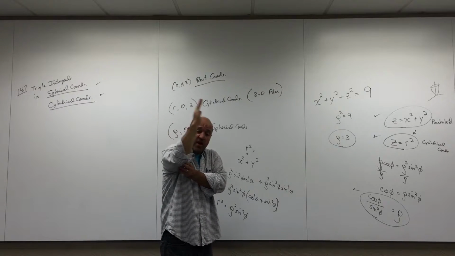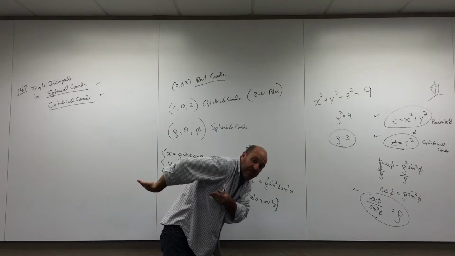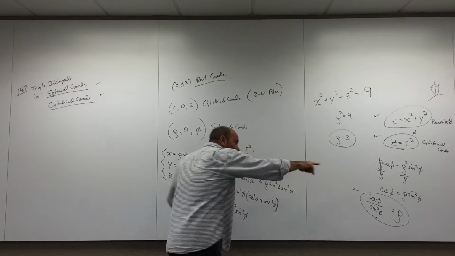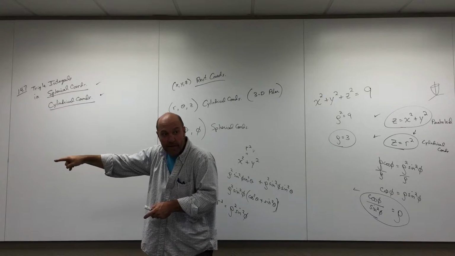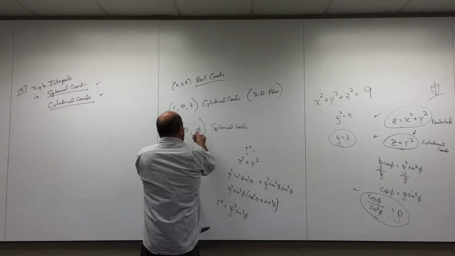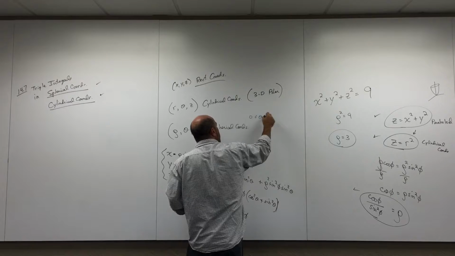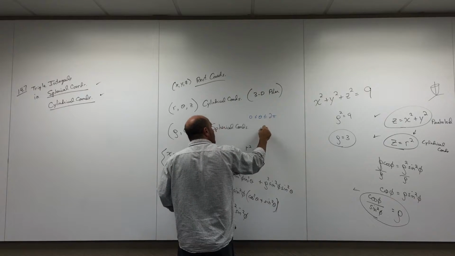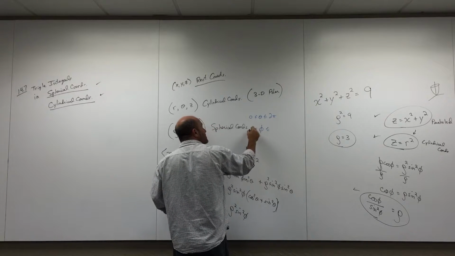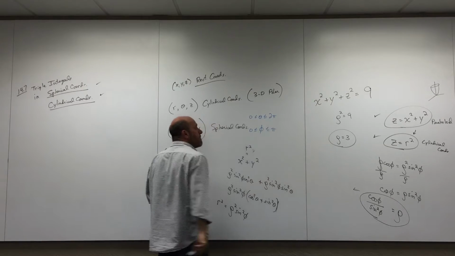You don't need phi to go down to 180 and back up the other side, because theta will get over to that other side for you. So typically theta gets to go between 0 and 2 pi, but phi just needs 0 to pi.